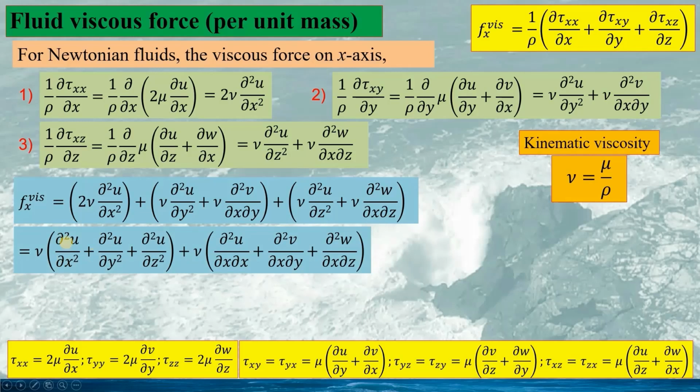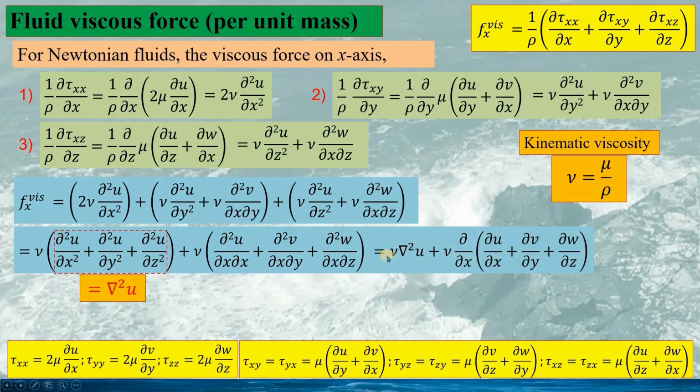So we can write this in a different way, put this together, and the rest term would be like this. Here we use the Laplace operator, this. Therefore, we can have the expression as this. Here, in this expression, we can take the partial differentiation with x out of the bracket.